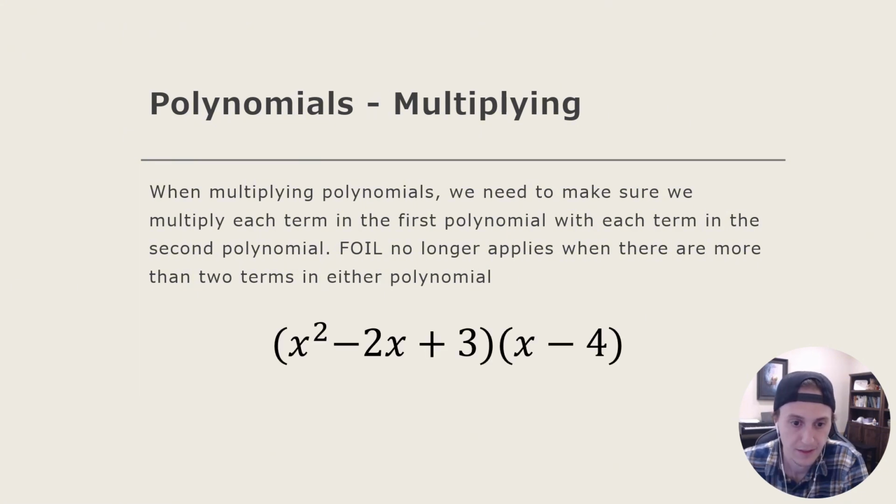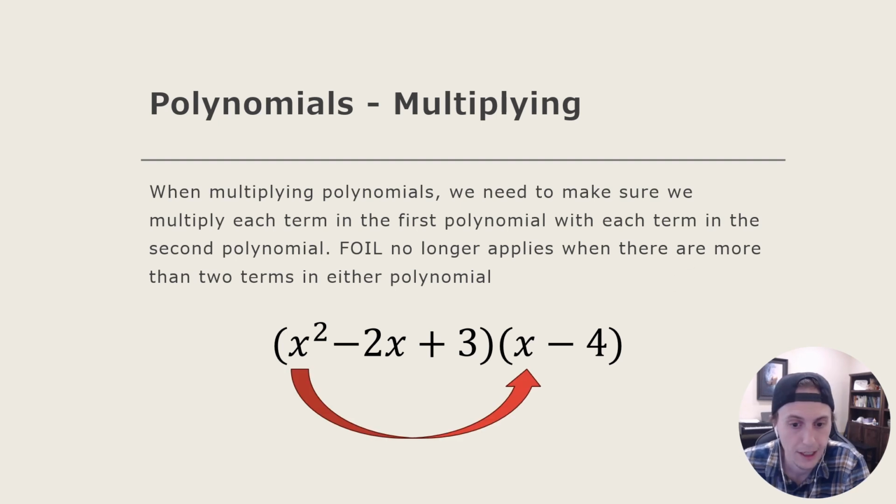So here's an example of a polynomial times a binomial, where you just multiply each number in the first times each number in the second. So talking through this, we would take x squared times x plus x squared times negative 4 plus negative 2x times x plus negative 2x times negative 4 plus 3 times x plus 3 times negative 4.